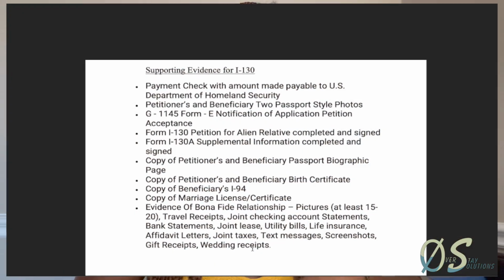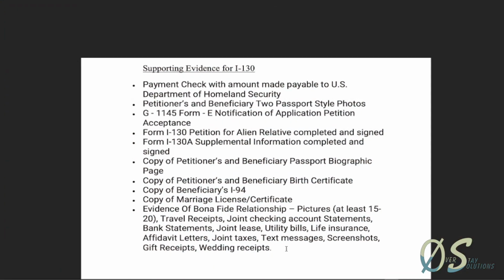Here is a list of documents that you might need to support your I-130. Starting off with a check payable to the U.S. Department of Homeland Security, or you can use a money order. Two passport style photos of both the beneficiary and the petitioner.